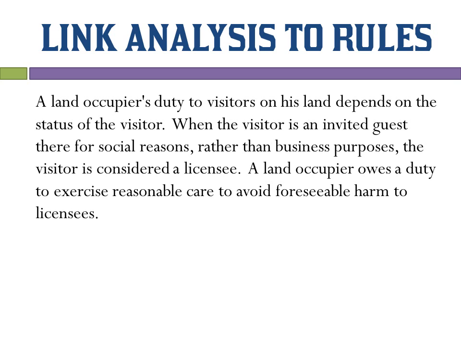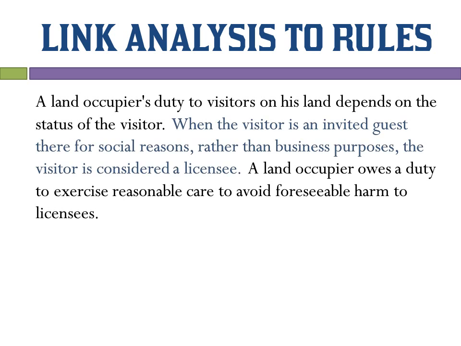As we go into the analysis, you want to link the analysis to your rules. So let me show you here. The first sentence talks about a land occupier's duty to visitors. Probably don't need to say that tenant was a land occupier, although you could.